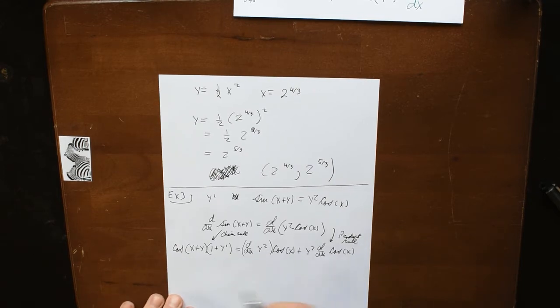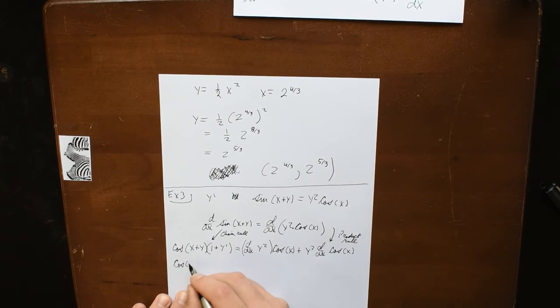This left-hand side, I'm just going to rewrite. Cosine of x plus y times 1 plus y prime.